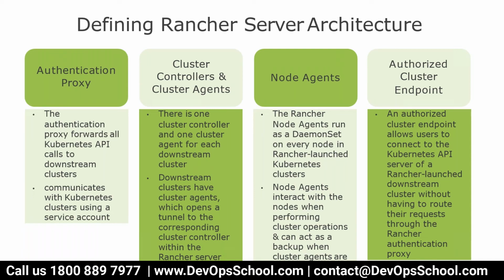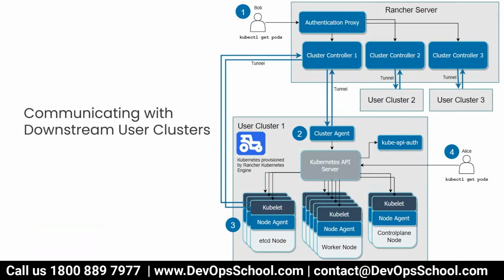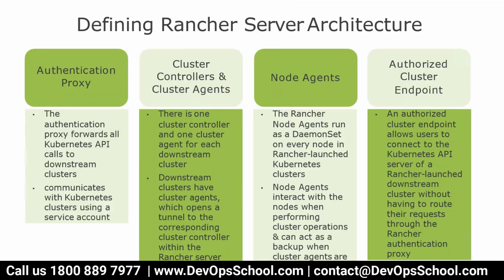That means here you have one downstream cluster, one cluster controller. If you have two downstream clusters, you will have two cluster controllers. So there is one cluster controller and one cluster agent for each downstream cluster.